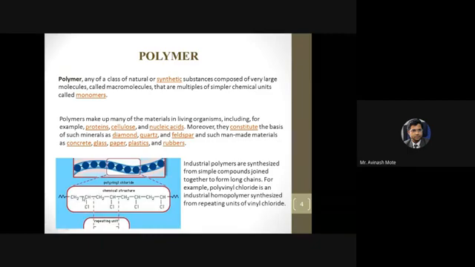A single unit, that is CH2CHCl. Here it is taken out separately, CH2CHCl. So this is a simple monomer having two bonding sites. Suppose I take the first one, CH2CHCl.